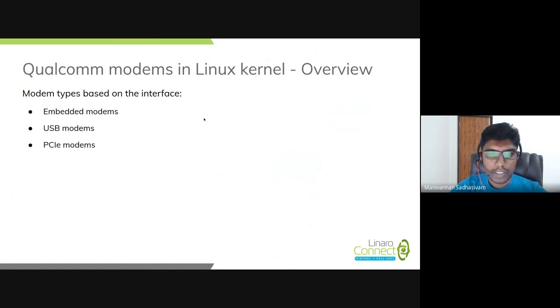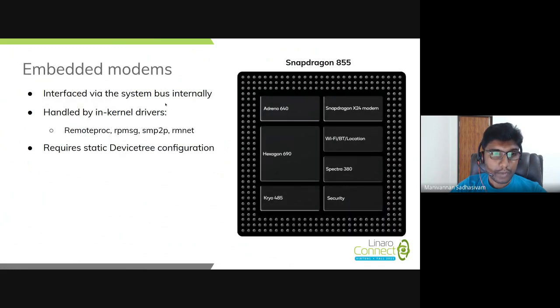Qualcomm modems are further categorized into three types called embedded modems, USB modems, and PCIe modems. The embedded modems are primarily used in the mobile SoCs where the size as well as the BOM cost needs to be reduced. For instance, in the Snapdragon 855 SoC, the X24 modem is connected internally to the system bus.